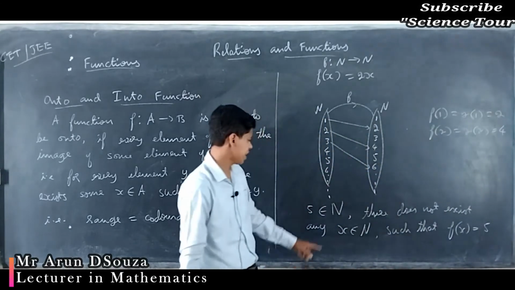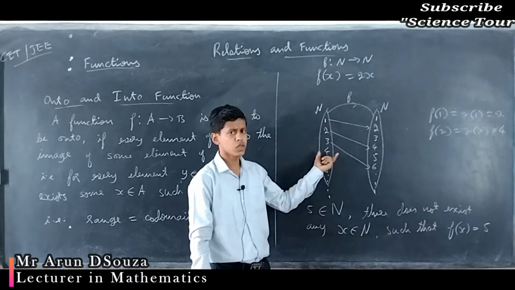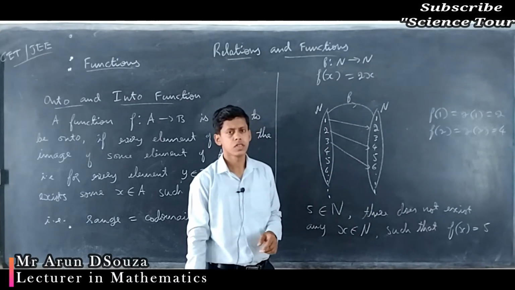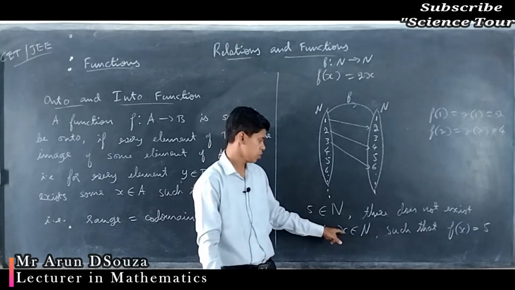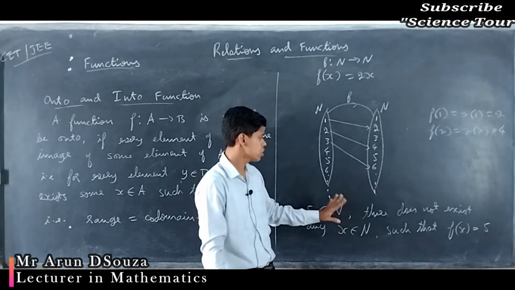Can you find any x in A so that f of x is equal to 5? No, you don't get any element there. So therefore this is not onto.